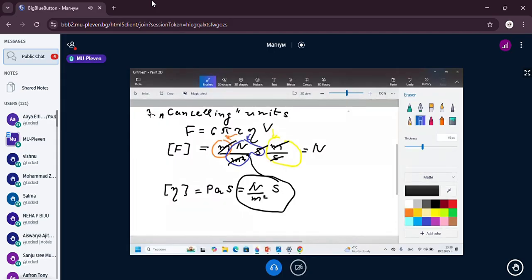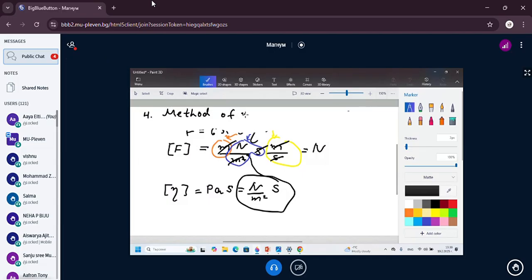So method of units for finding, for checking, for determining and checking equations. Let me write, and we'll focus on the check. So method of units for checking equations, or formulas, which is one and the same.